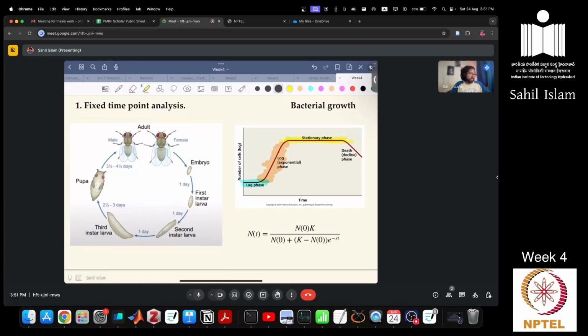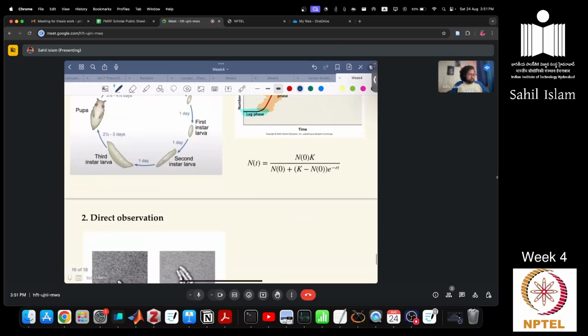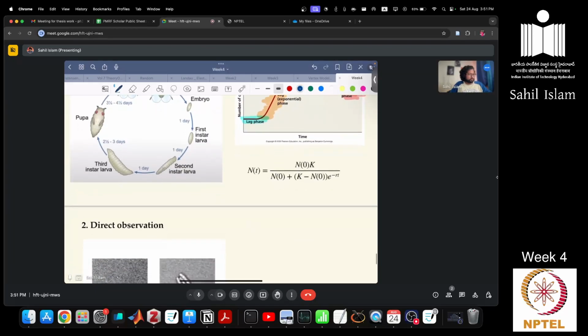To some point, and in future it dies. So you can associate an equation to it, which looks like this.